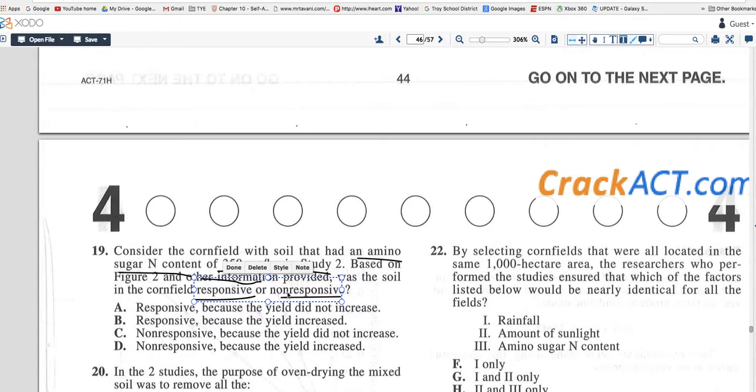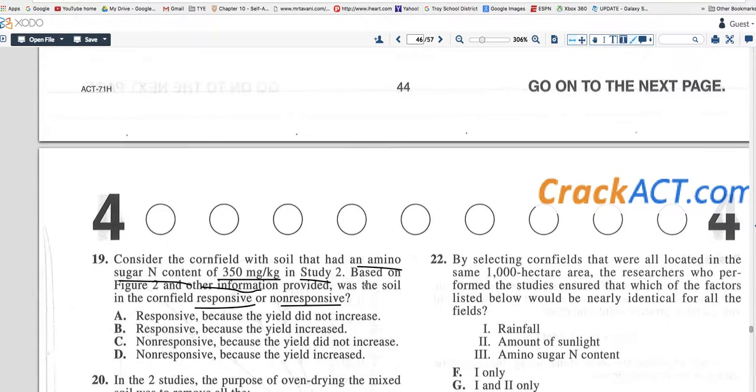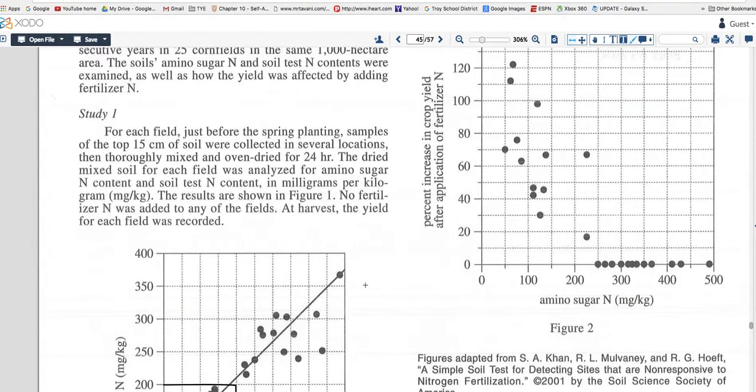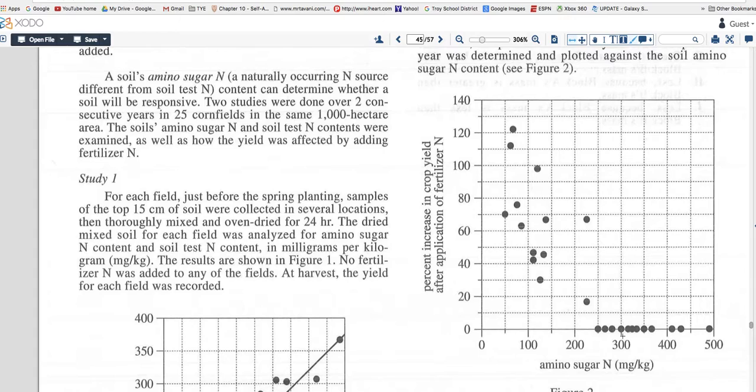All right, Rohit, so how'd you finish this one? So I went to 350 on the graph, and then it was at 0, so it was non-responsive because the yield didn't increase. Good. All right. And where does it define non-responsive and responsive in the intro? In the first paragraph, it says in a non-responsive soil, the yield does not change when the fertilizer N is added.